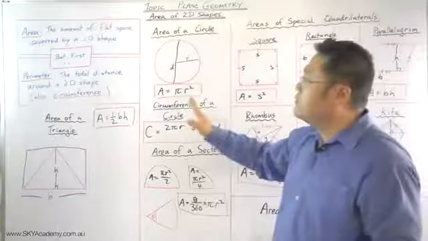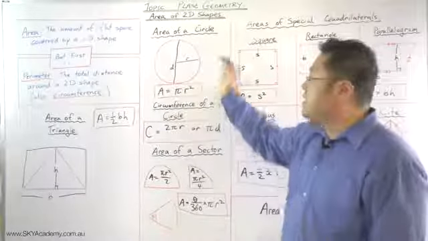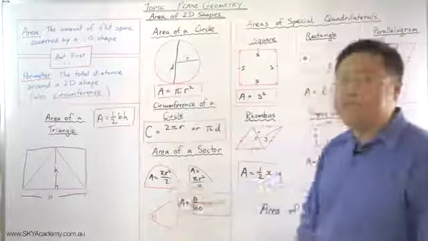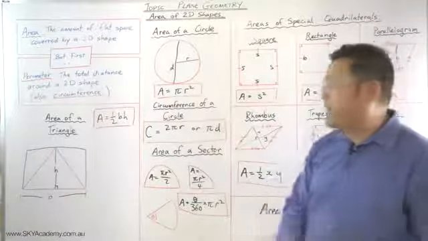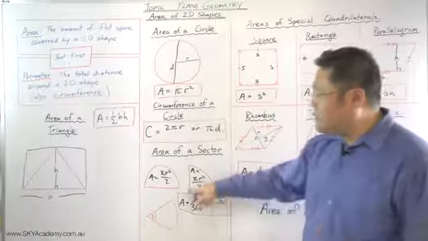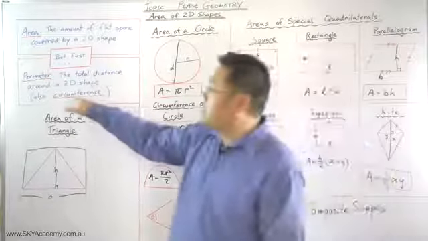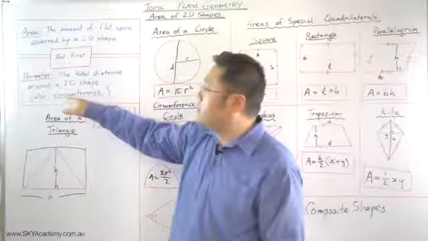So often we use circumference for the circumference of a circle or of an arc. When it comes to sectors, we often use the word perimeter, because the perimeter of a sector includes both the straight edges and the curved edge, and altogether perimeter might be a better word to use. So I just want you to be familiar with when to use the word circumference and when to use the word perimeter.